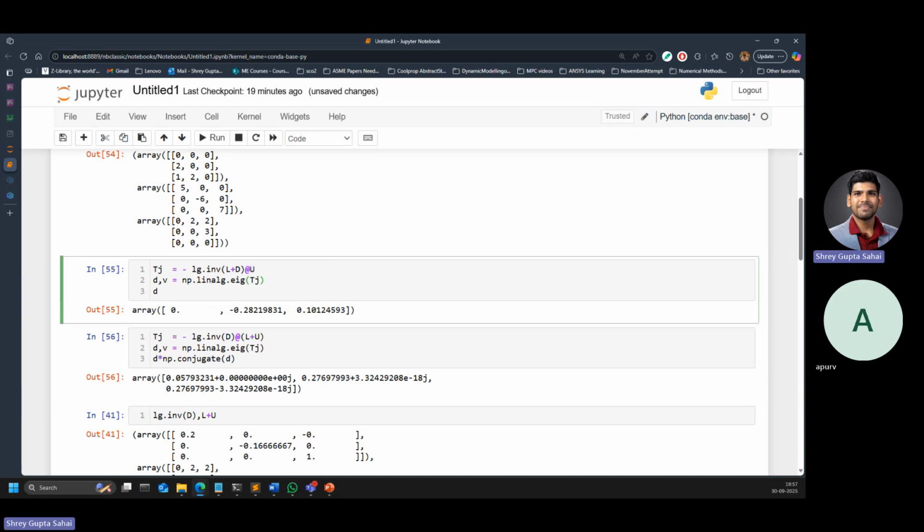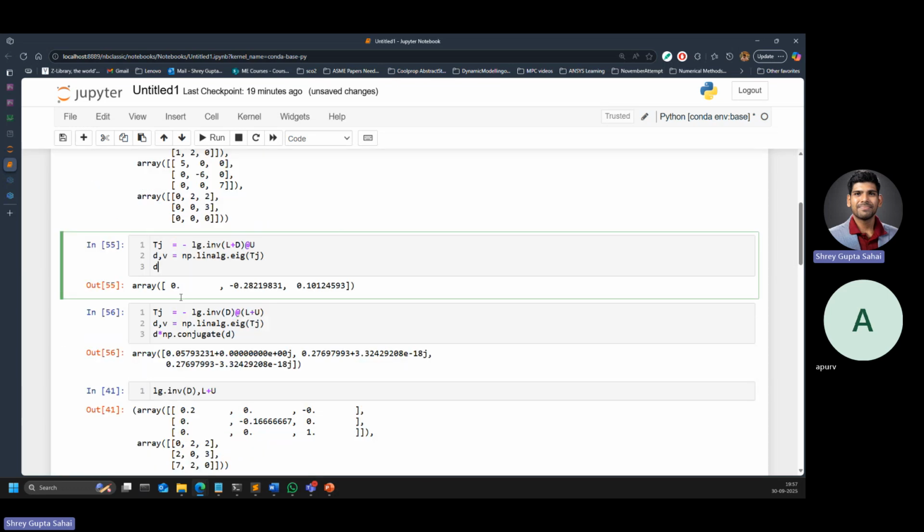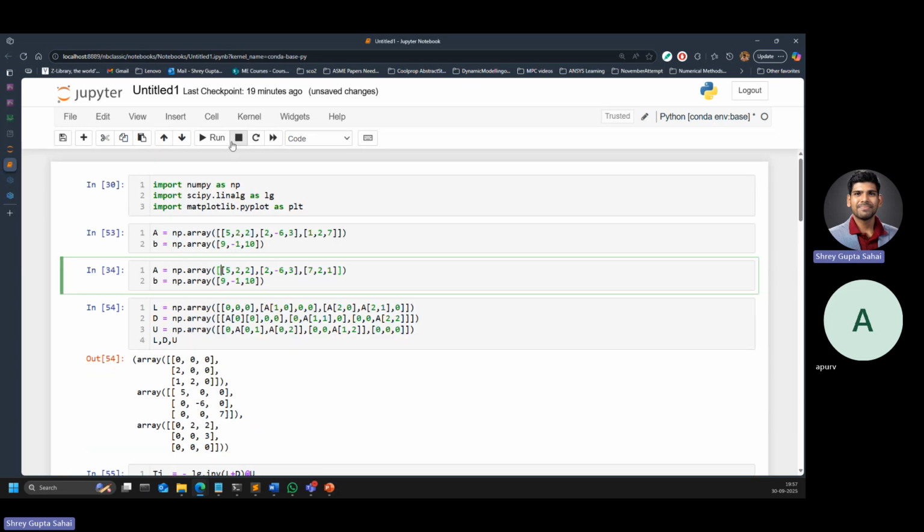Eigenvalues of this thing are, yes, correct. So this is what I wanted to just show. What else? Is there a scheme where we can figure out this solution?